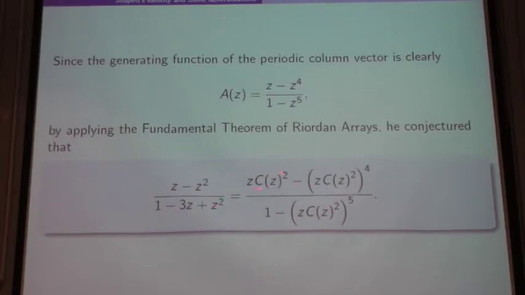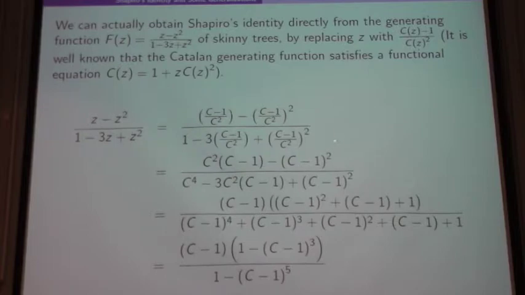Now, since ZC squared, as I described over there, is a generating function for non-empty ordered trees, we insisted on using ordered trees, and our attempt eventually paid off. And his identity is actually no big deal.